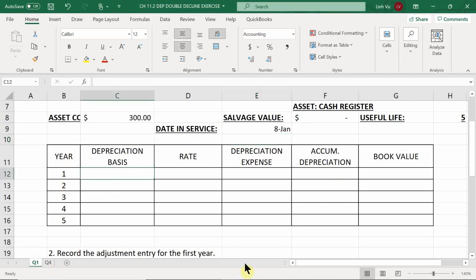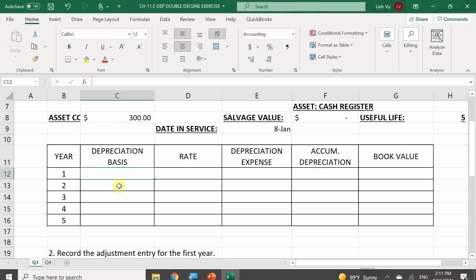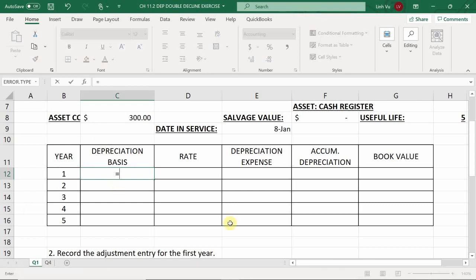So what is going to be my depreciation basis? The 300 that we bought it for. Good. It's going to be 300. Okay.